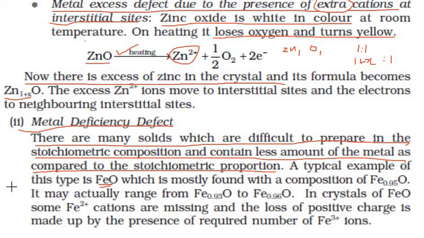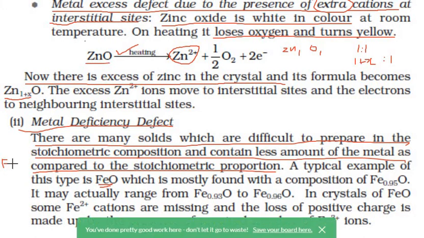With FeO, what do you expect? The mole ratio: Fe is 1 and oxygen is also 1. So the ratio we expect is 1 is to 1.